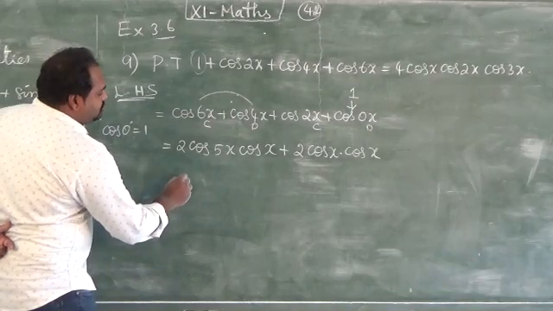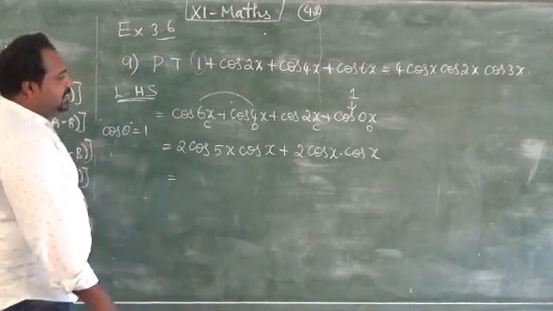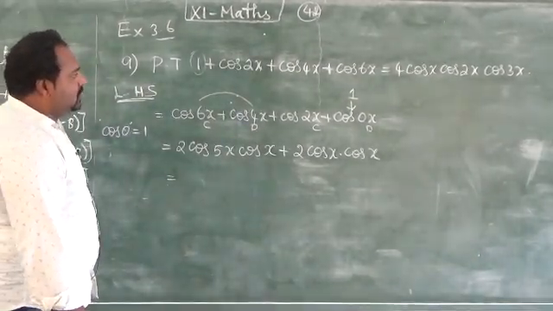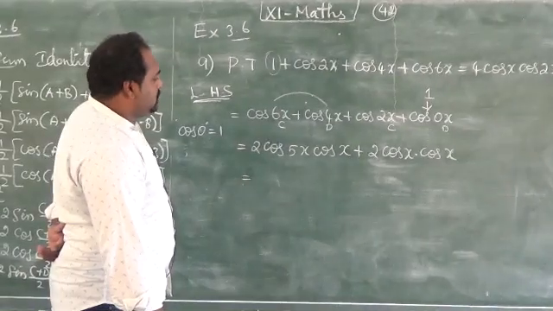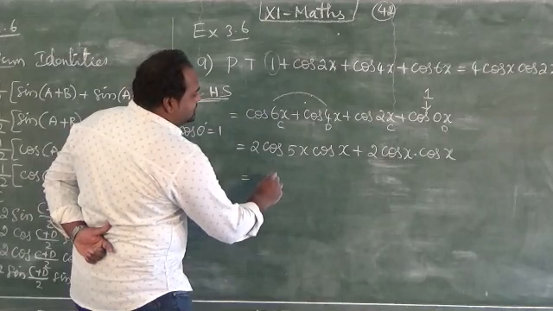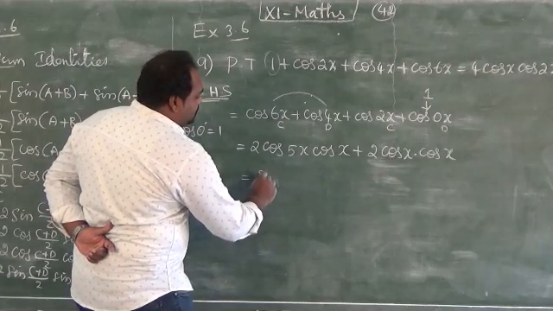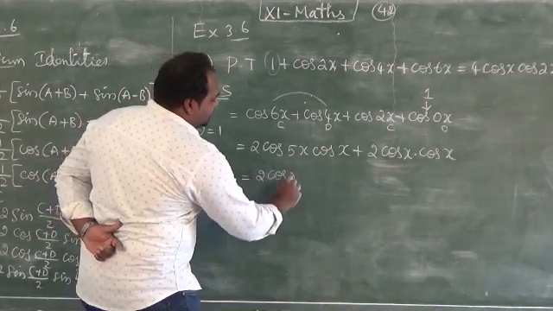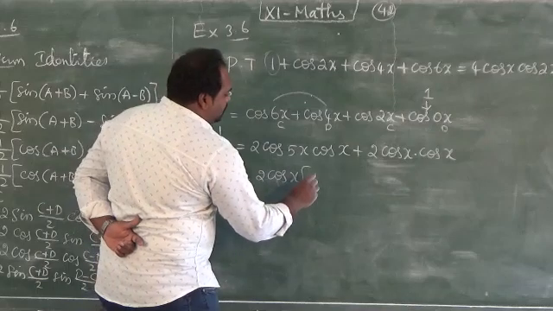Here, once again, if you take 2 cos x commonly outside, what is remaining?